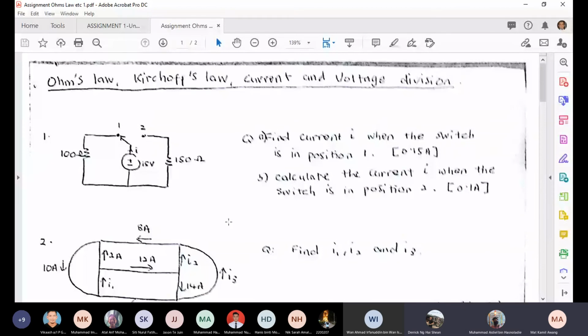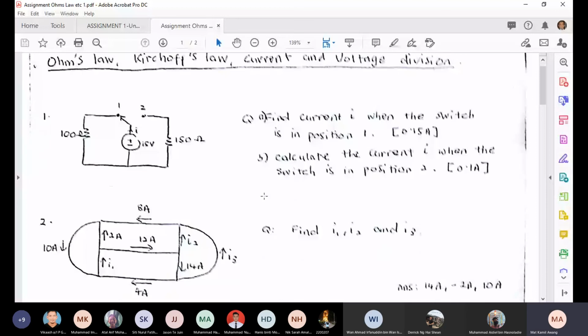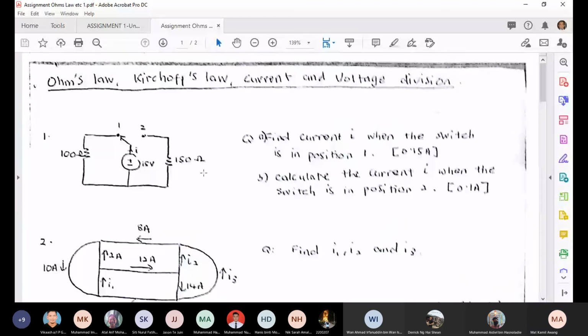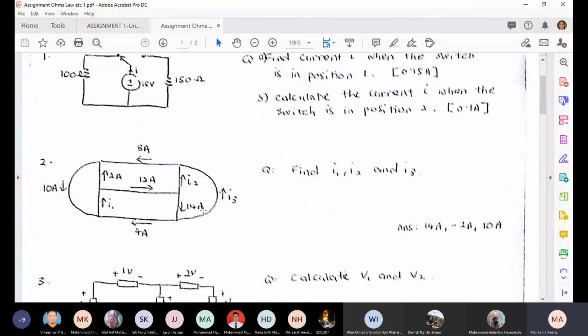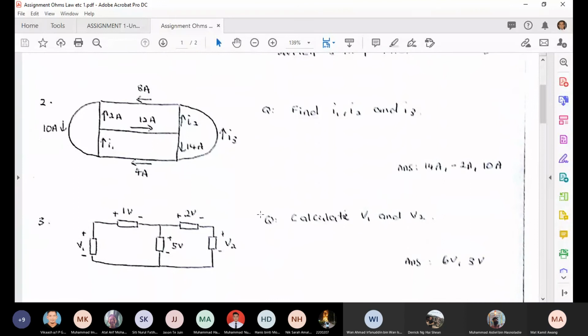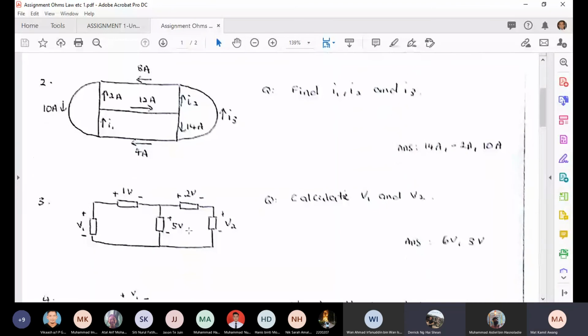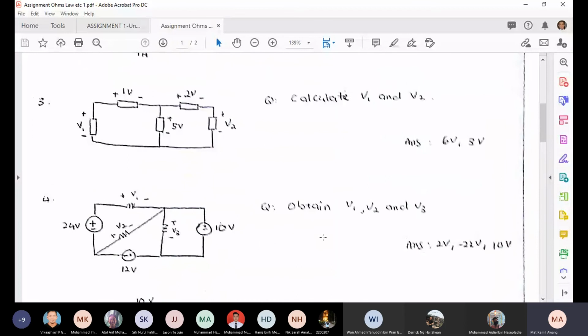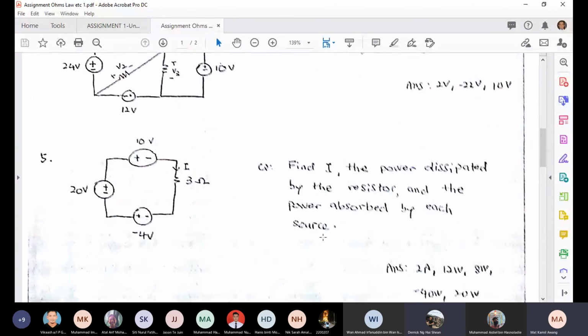Ohm's law, Kirchhoff's law, current and voltage division. So the first one is actually the same as before, right? Number 2 also is the same. This one also the same. The only difference may be the values, but this is the same, this also the same.